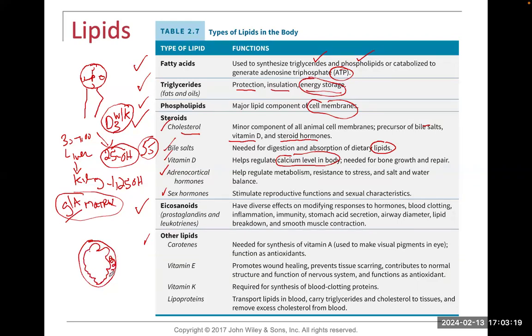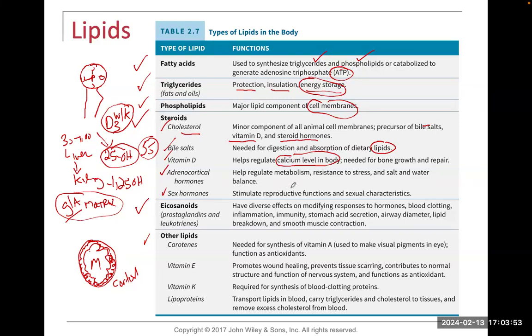The outer portion that I'm coloring in is the cortex, and the inner portion is the medulla. So the adrenocortical hormones are the hormones produced in the cortex, the outer part of the adrenal gland. That's going to be cortisol, cortisone, corticosterone, aldosterone. Those are all produced in the adrenal cortex.